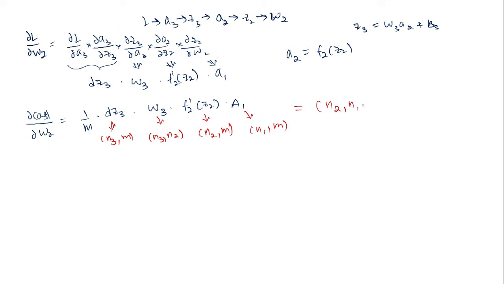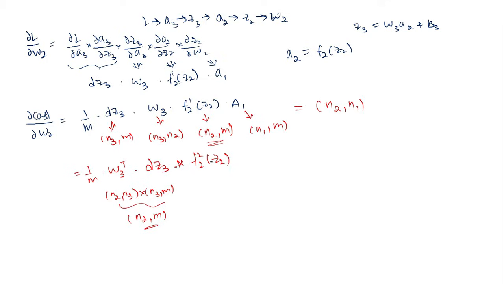So we can get this by taking the w3 transpose first and then multiplying it with dz3. So this is going to be n2 comma n3 multiplying with n3 comma m. So the resultant is going to be n2 comma m, and this is also n2 comma m. So we can take the element wise multiplication with the f2 dash z2.